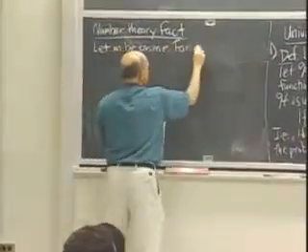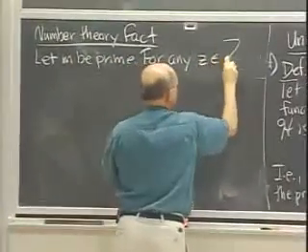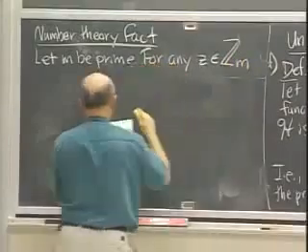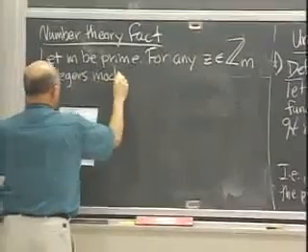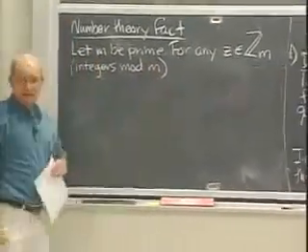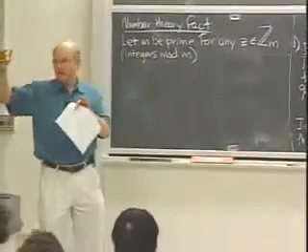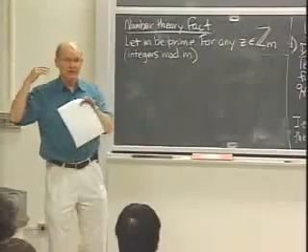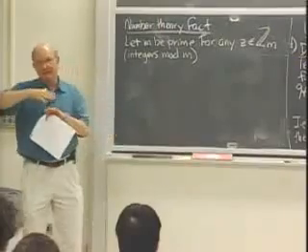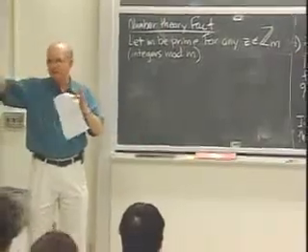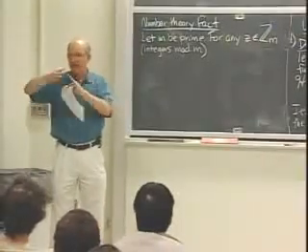Then for any z, little z, an element of Z sub m, where Z sub m is the integers mod m, essentially the numbers from 0 to m minus 1 with all the operations, times, minus, plus, etc., defined on that such that if you end up outside of the range of 0 to m minus 1, you renormalize by subtracting or adding multiples of m to get back within the range.